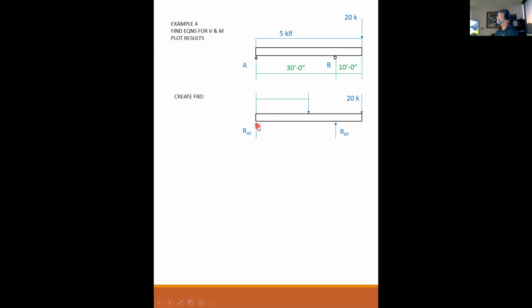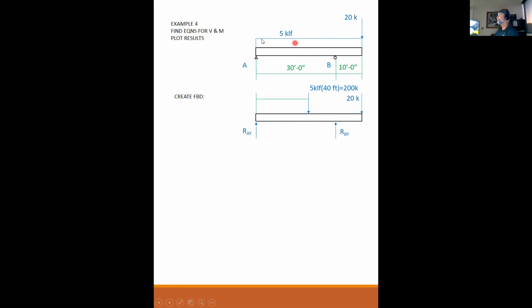I've got my unknown at A, my unknown at B, my 20 kip load at the end of the cantilever, but I can't work with this 5 kips per lineal foot in summing my forces. I need a resultant. So the resultant is going to be 5 kips times the whole 40 feet, which is equal to 200 kips.